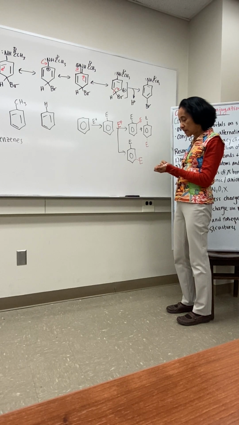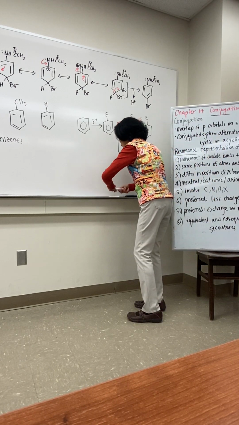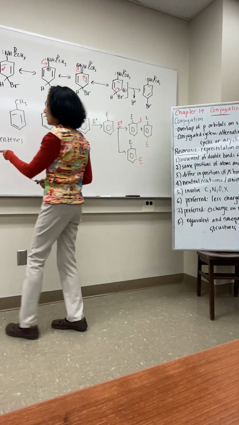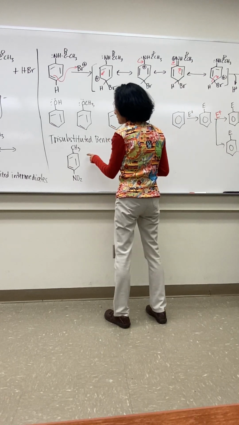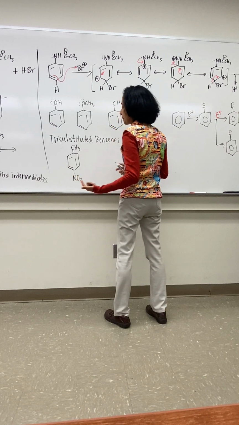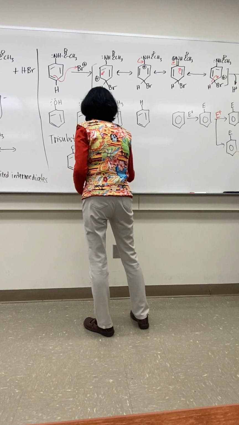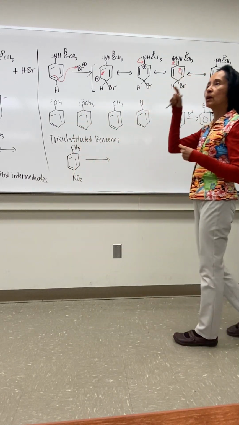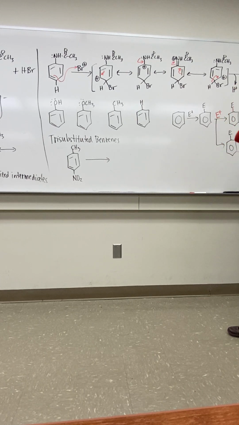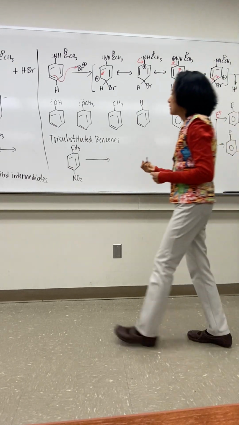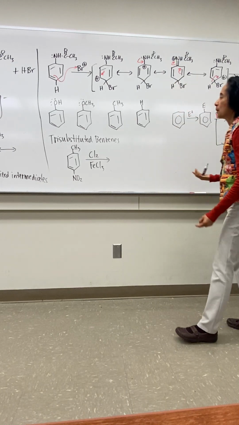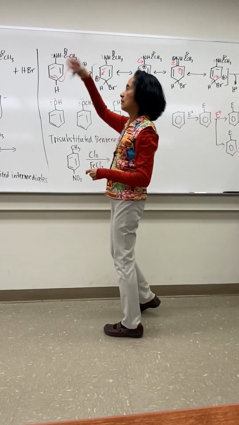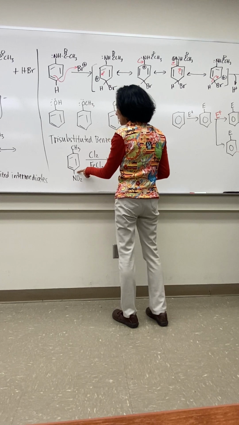So now I have this example, and it's still, you have two positions, right? Is it going to go here or here? So actually, don't be confused about what the substituents are and what the electrophiles are. Don't mix up this information. So for example, I'm doing chlorination. Okay? So if you look at what we have, this is going to be a meta director, right?